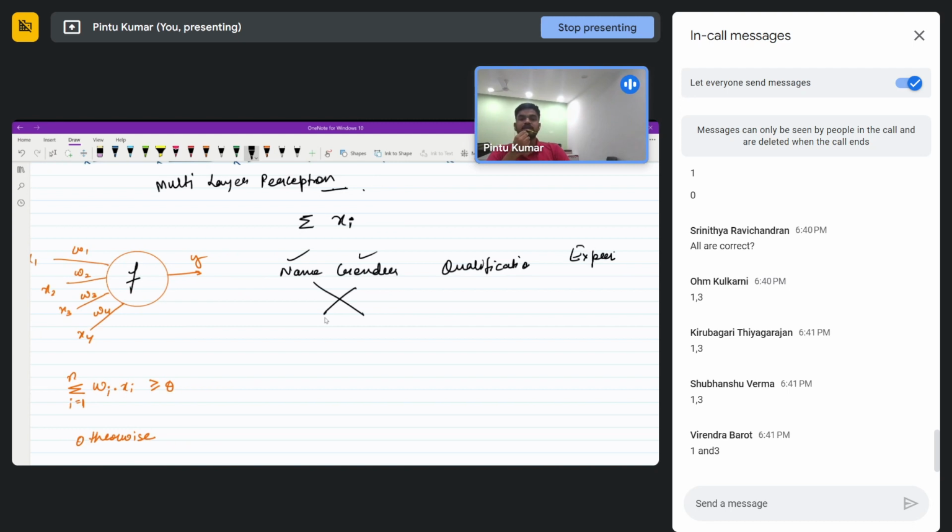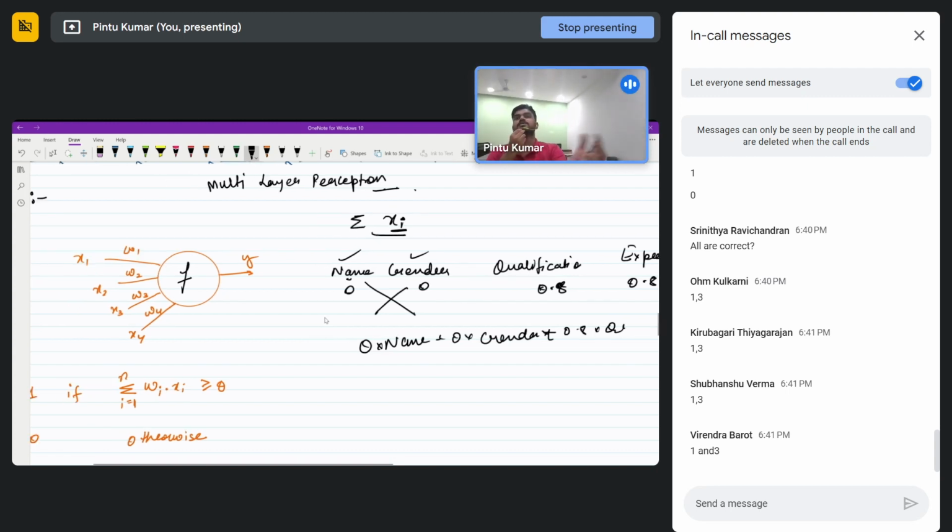So rather than taking a simple sum of x's, let's say you give the irrelevant features 0 weights, and you give these very high weights. You multiply 0 times name plus 0 times gender plus 0.8 times, let's say, qualification, and then you obtain this sum.